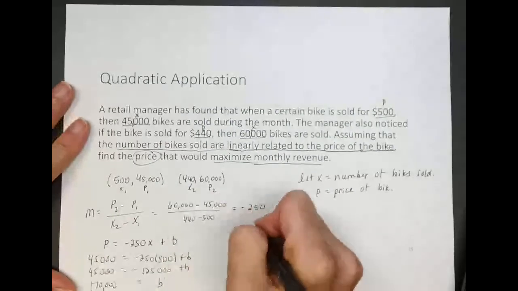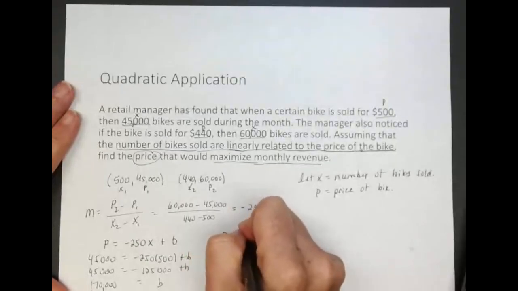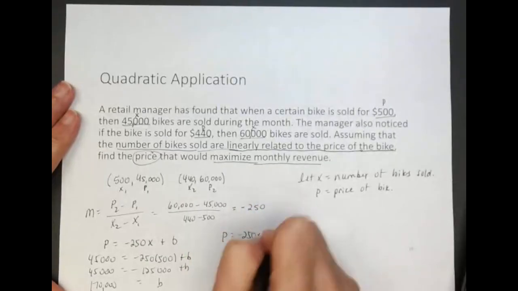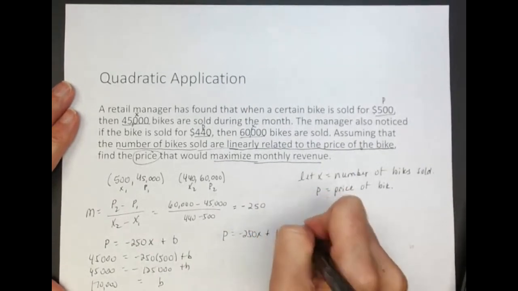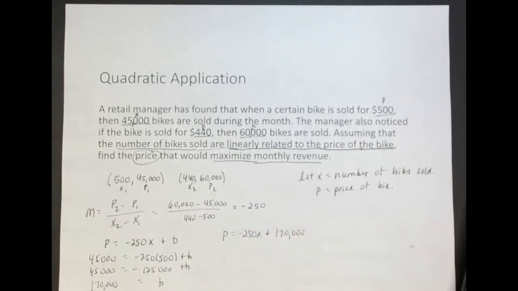Now I've got my equation done. Here's my price equation. P equals negative 250x plus 170,000. There's my price equation. Okay, all that's really cool.